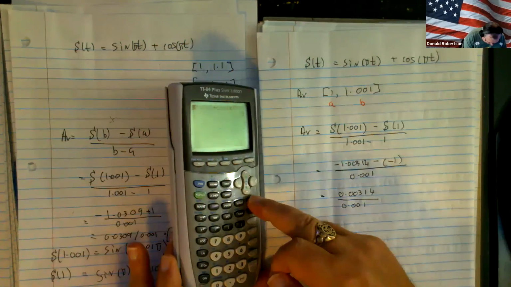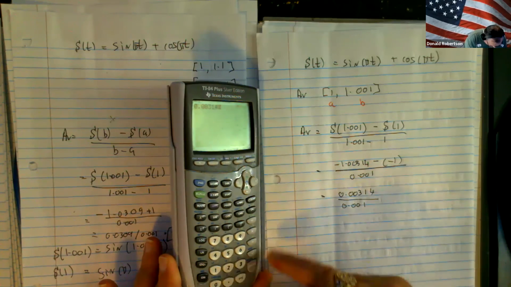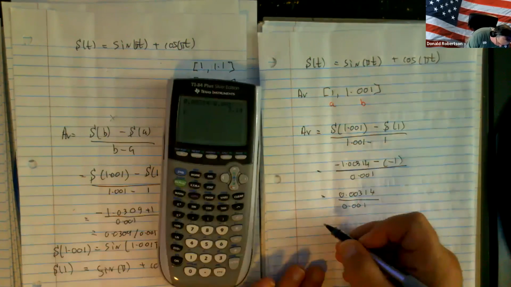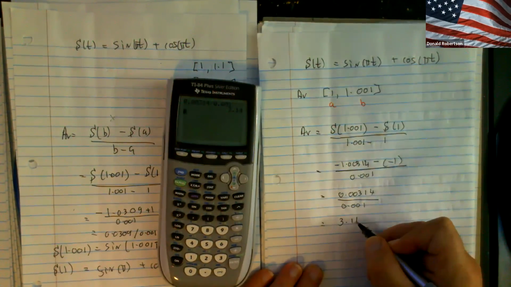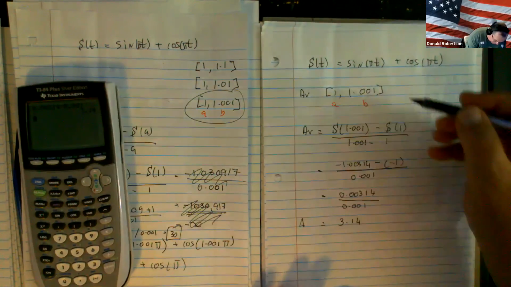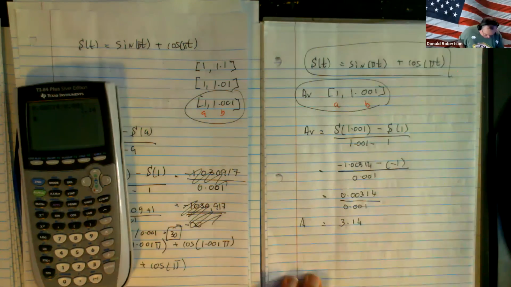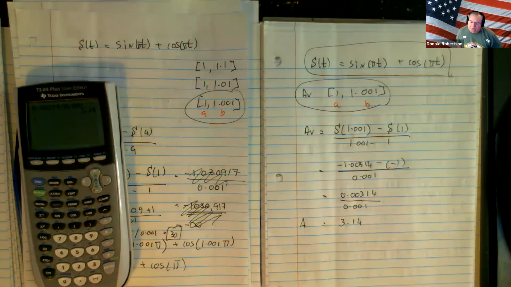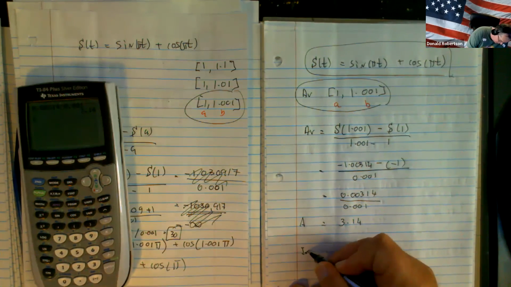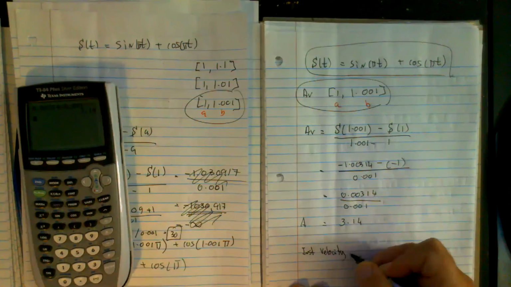And I'll do that on my calculator as well. 0.00314 divided by 0.001, and the answer is 3.14. So if you want to find the average velocity in this range using that function, the answer is 3.14. I have got a gut feeling that if you wanted to find the instantaneous velocity, I think the answer is going to be pi.